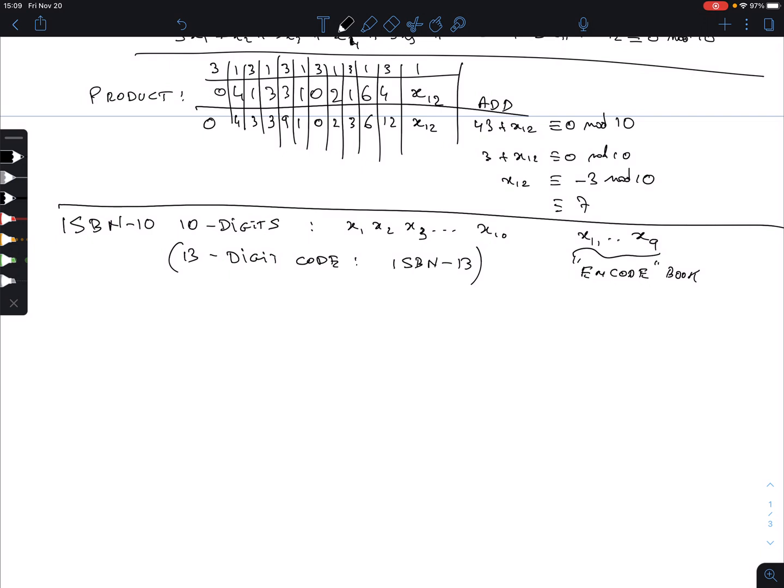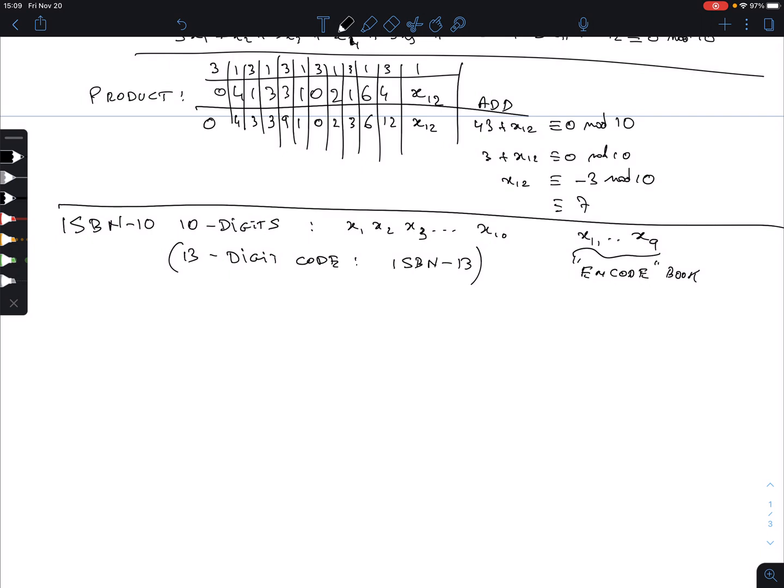The first digit or first two digits identify the language, then the publisher, and then the internal number. Whatever it is, that number means something for editors or publishers, but for most lay people like us, it doesn't mean much. It's just a 9-digit number, and then the parity bit.